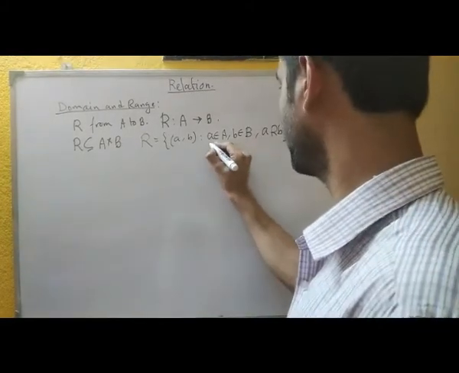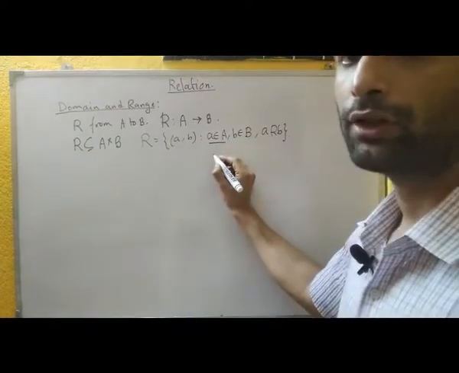So in this case, the first set that gives the element a is called the domain of the relation.